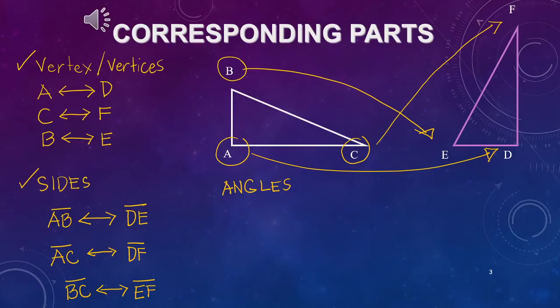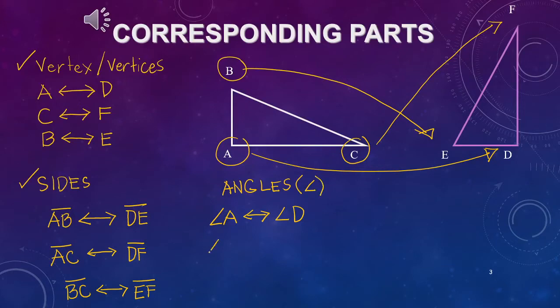When you name an angle using one letter, the vertex is simply the name of the angle. So if I'm going to have angle A, that corresponds to what angle on the second triangle? Angle D. So take note of the symbol for an angle. This will be our symbol for angle D.